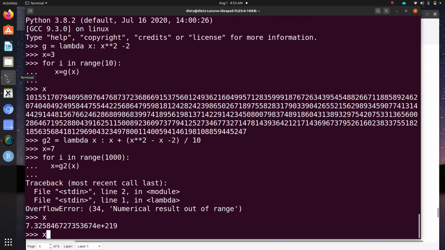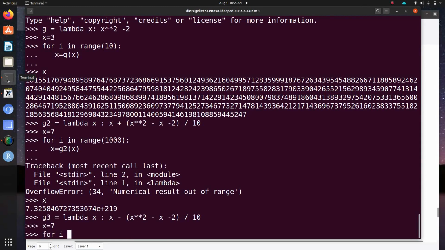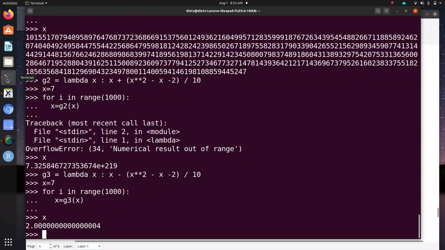Now we're going to say x equals 7, for i in range 1000, x equals g3 of x. This time it worked.